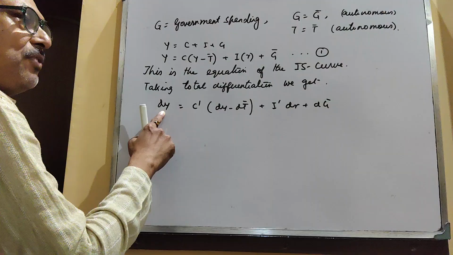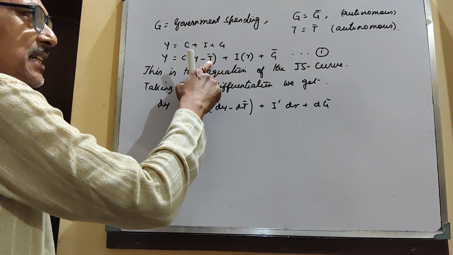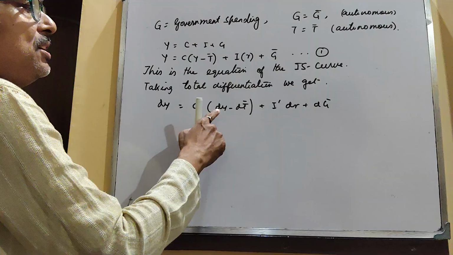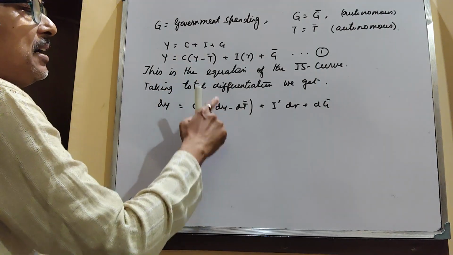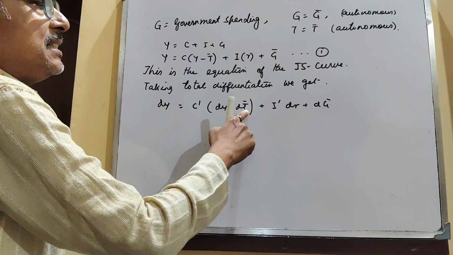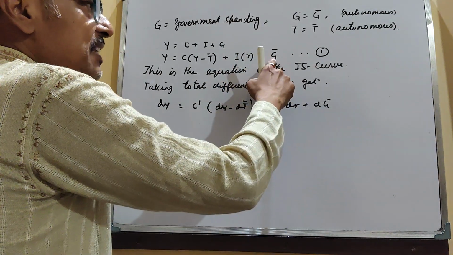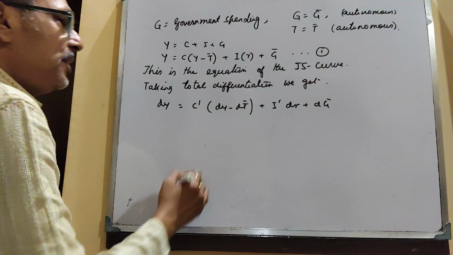Y becomes dY. C of Y minus T becomes C prime. Then T bar becomes dT bar. I of R becomes I prime dR and G bar becomes dG bar.